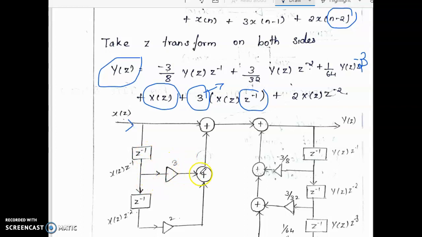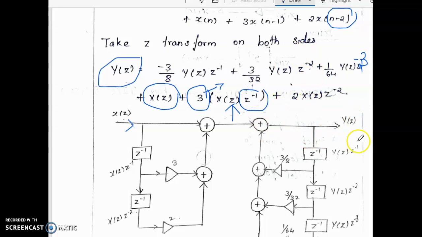So this point has 3 into X(z) z power minus 1, and then it is added with 2X(z) z power minus 2. Combined together, we have X(z) plus 3X(z) z power minus 1 plus 2 into X(z) z power minus 2. Then we have the output Y(z) combined together.